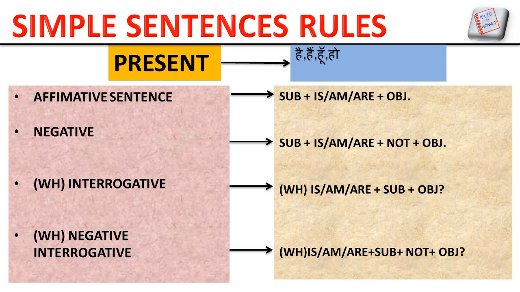And you can also add WH questions in the starting of this sentence and also put question mark at the end. In negative interrogative, you need to put not after the subject and rest of the rules is same as interrogative.